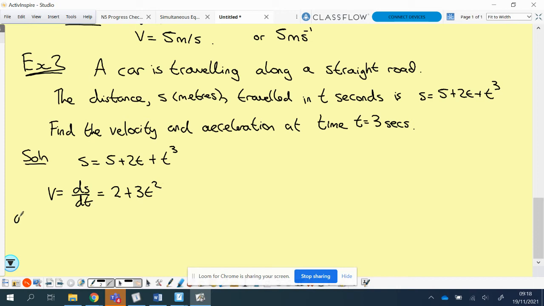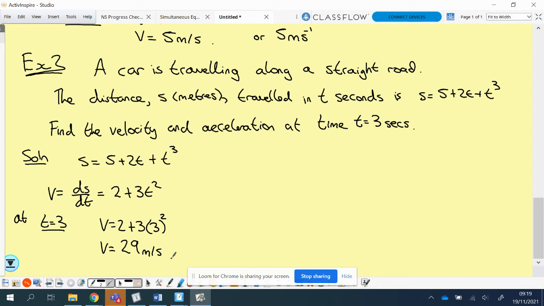Then at time t equals 3, okay, the velocity would be 2 plus 3 lots of 3 squared, which would give me 29 meters per second. Okay, so that's how fast that car is going, 29 meters per second.